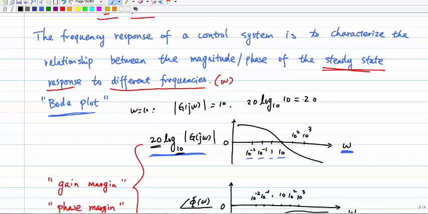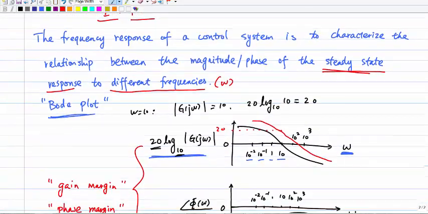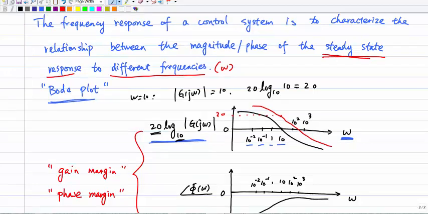So if I draw somehow like that, if the frequency is 10, then it's 20, right? You draw the number over here. Of course, it should be something like this. If you get different frequencies, you draw all the numbers, you get a curve, basically. That's what we call the magnitude response, the frequency response in terms of magnitude.